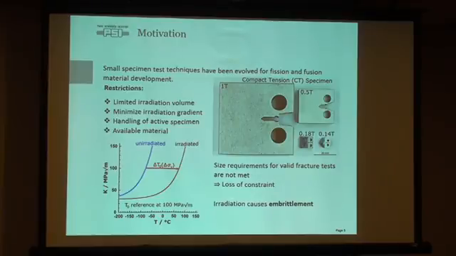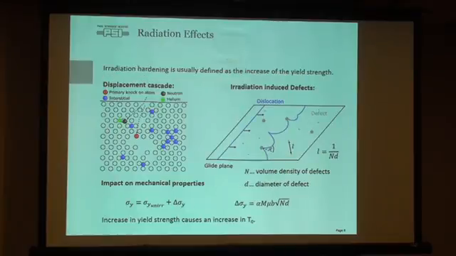Let me first talk a little bit about what is actually happening when you irradiate material. In terms of the ductile to brittle transition curve, if you irradiate it, your material is shifted quite a lot to higher temperatures, so it causes embrittlement. This is due to, in fusion, the material being irradiated by neutrons.